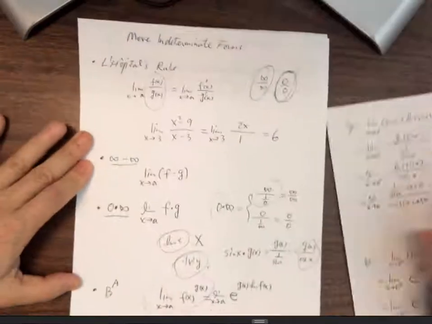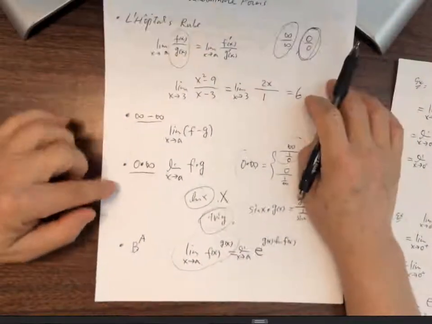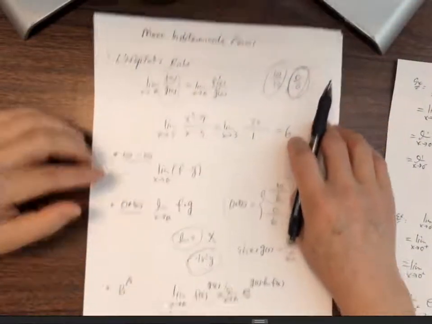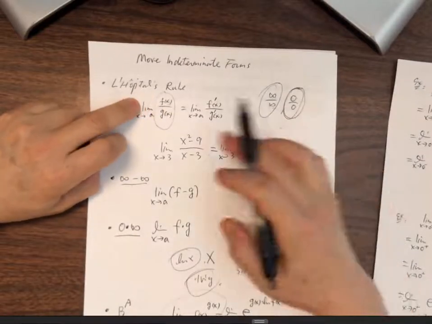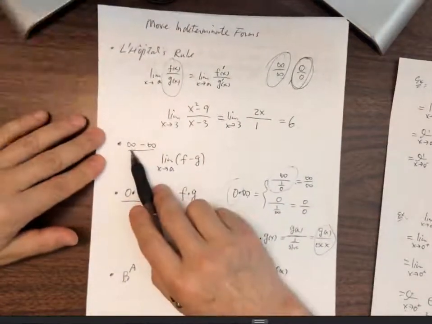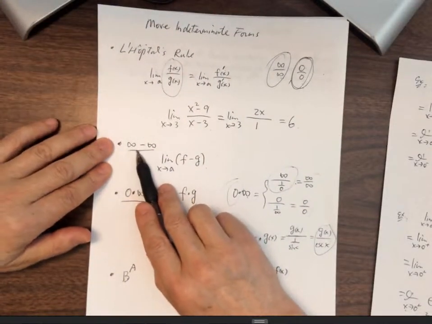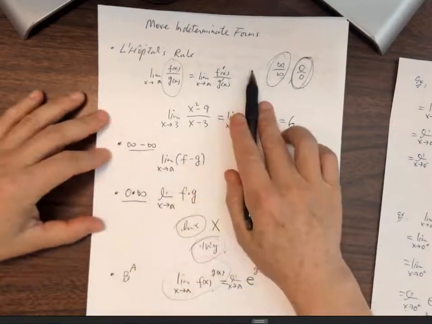Alright, so in this video we discussed additional indeterminate forms. No matter what form, we always try to get back to a fraction. Get the fraction so we can apply L'Hopital's rule. If the indeterminate form is in the form of a difference, try to combine into a single fraction.